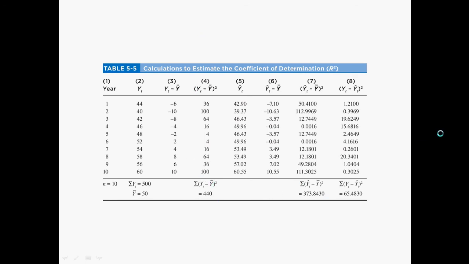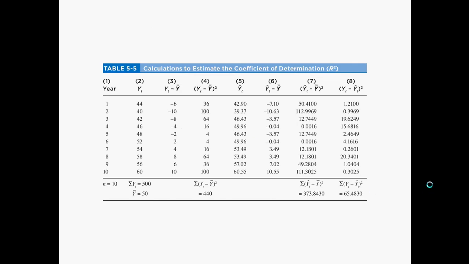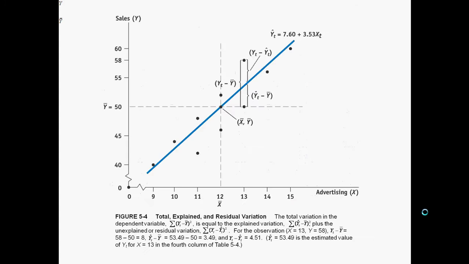Sum all of those and we get this. So this is the total variation. This is the unexplained variation, column 8. And then R squared. Where's our formula for R squared again?